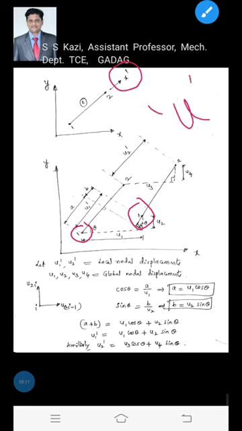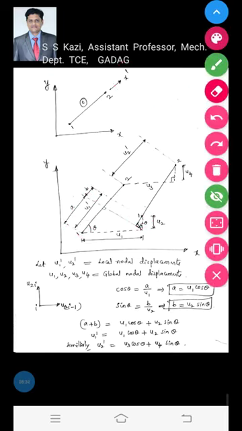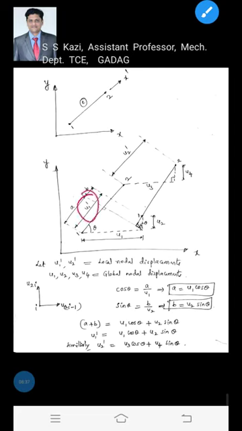So at node 1 the local displacement is along the element; this is u1 dash. u1 dash is the local nodal displacement, measured only along the element. Likewise, u2 dash is the local nodal displacement at node 2.